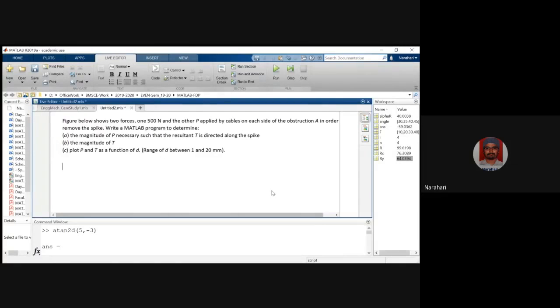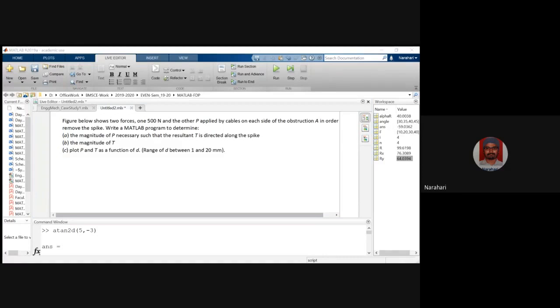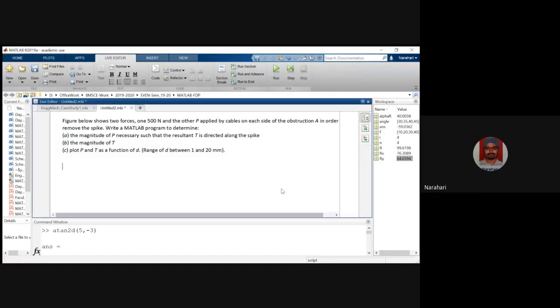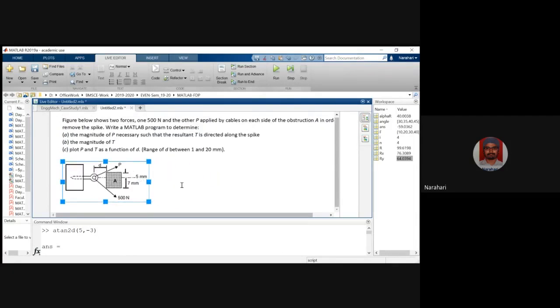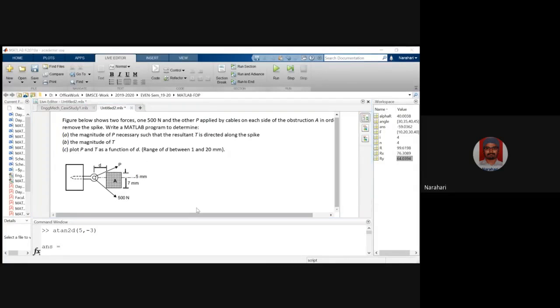So I'll just paste the figure with this. Is it visible? I will say engineering mechanics case study.